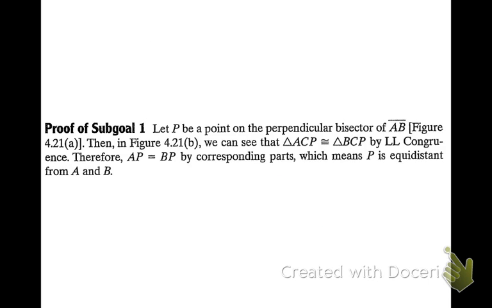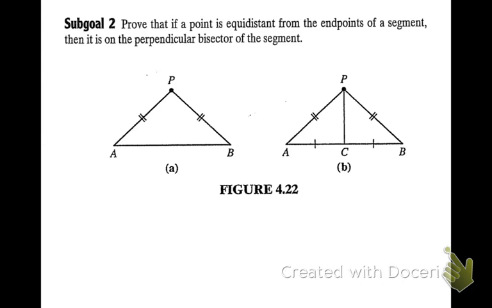All right, let's prove sub-goal number 2. Sub-goal number 2, prove if a point is equidistant from the endpoints of a segment, then it is on the perpendicular bisector of the segment. So we've got PA equal to PB. We've got to prove that P is on the perpendicular bisector of AB.